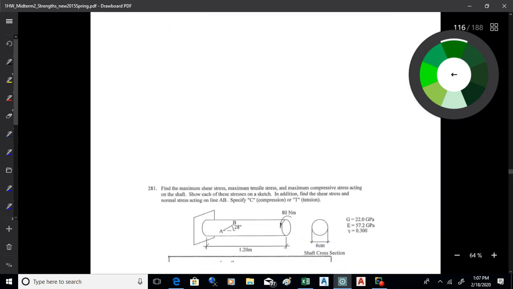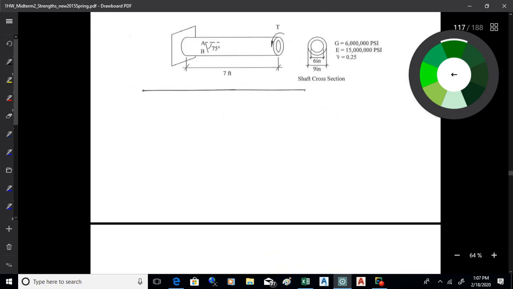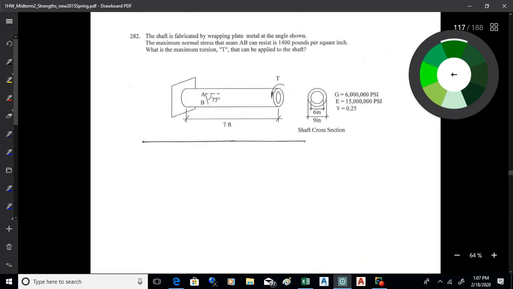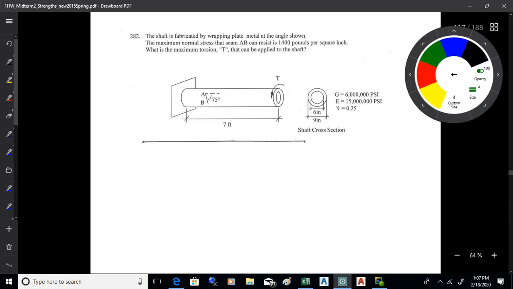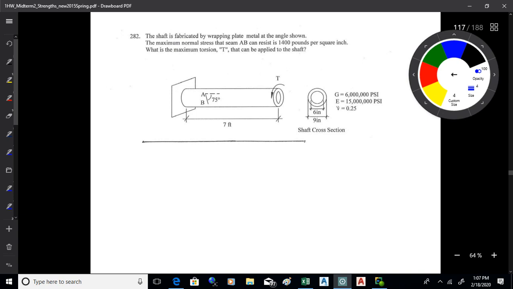Okay. The next one is kind of like that, but a little bit, you might say, backwards of that. What you have here is that this seam here can handle 1,400 pounds per square inch. Okay, that's the maximum normal stress.